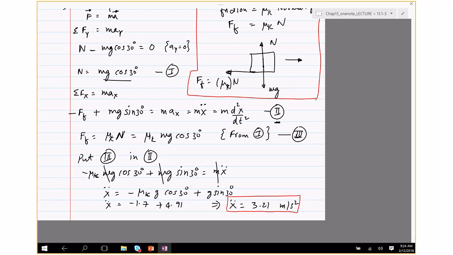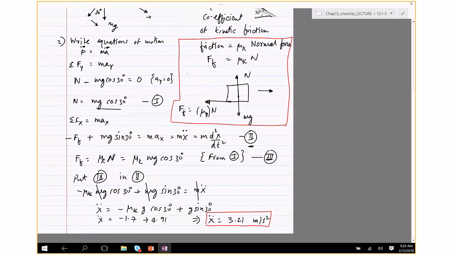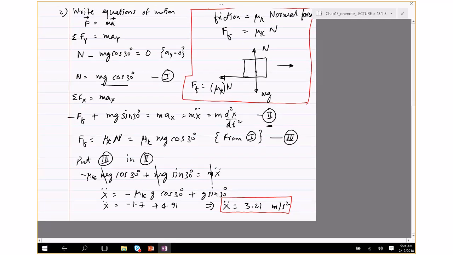It's positive, which means that the acceleration is in the downward direction. So the block is accelerating as it's going down.